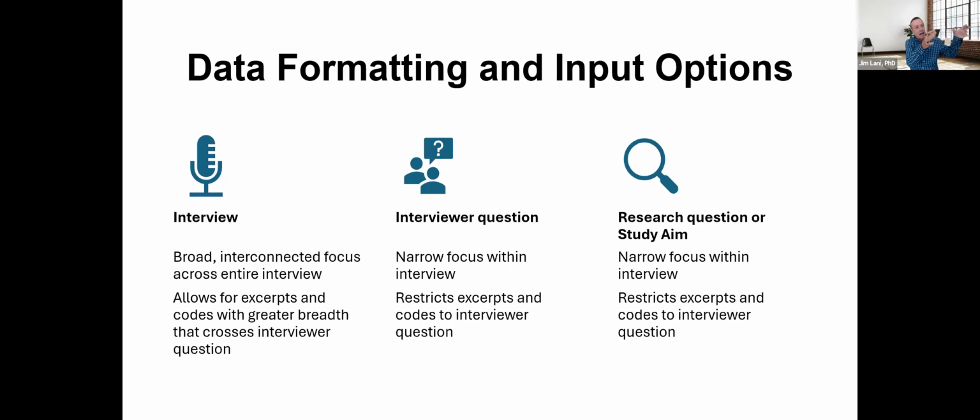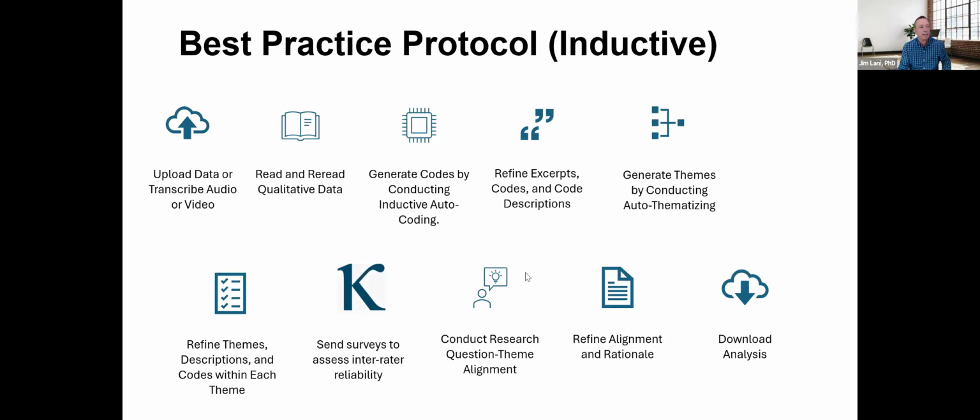Maybe I have faculty and I want their perceptions, and then maybe I just want students' or others' perceptions. Just know there are different ways of putting it in, which will determine whether the AI taps into the whole transcript or just the segments you've identified.